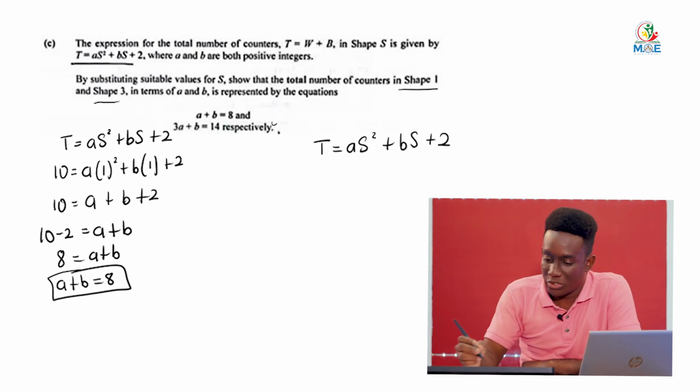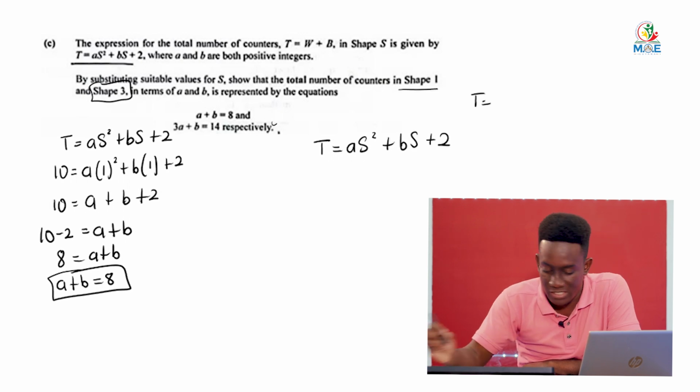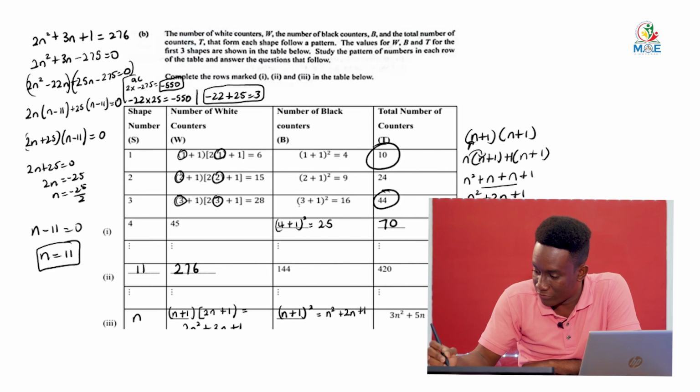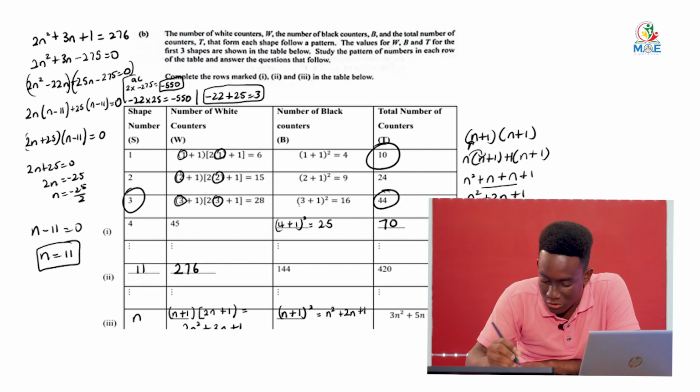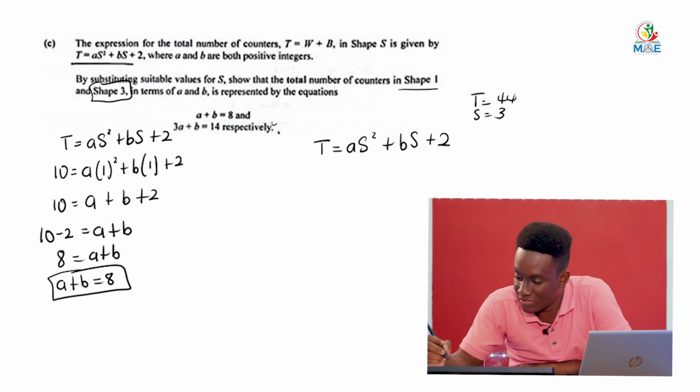So for this one, we're dealing with shape 3. So let's go to shape 3. For shape 3, we see t is equal to 44, and s is equal to 3. So t is equal to 44, s is equal to 3. So we'll substitute those values into this equation.